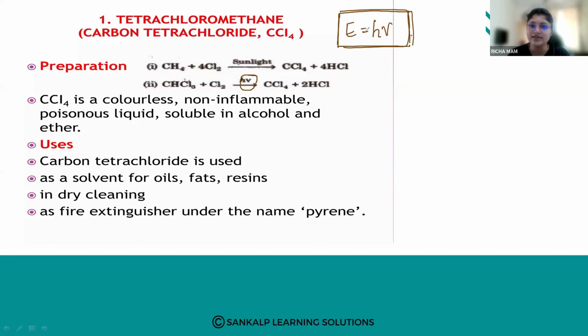According to Einstein, energy is given by H nu, where H is Planck's constant and nu is the frequency. So H nu is nothing but light, that is, UV light. So it is used as a fire extinguisher under the name of pyrene.